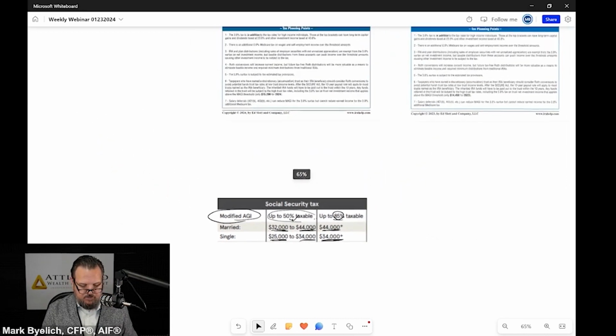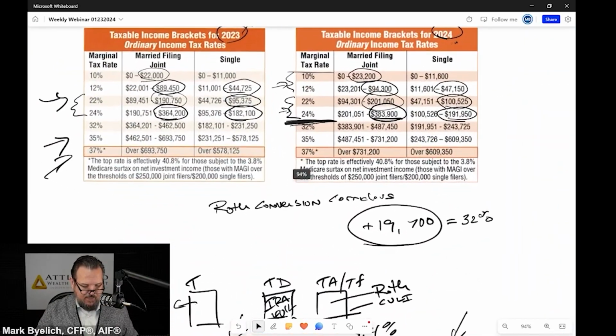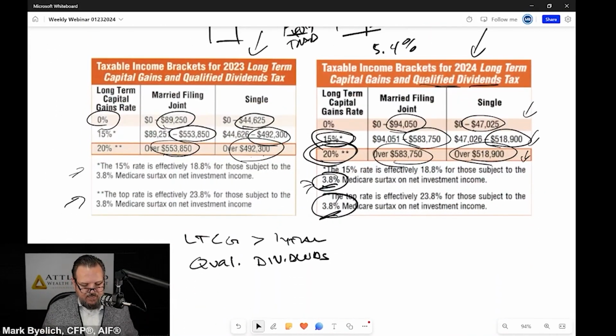While it's good news up here, folks, that these Roth conversion corridors we talked about let us move more money over to Roth IRAs via conversion, because now we top out for a married couple at $383,900 compared to $364,200. That's all good news for capital gains. Again, good news. You can stay in the 15% bracket for long-term capital gains tax and qualified dividends up to $583,750 for a married couple compared to $553,850 in 2023.